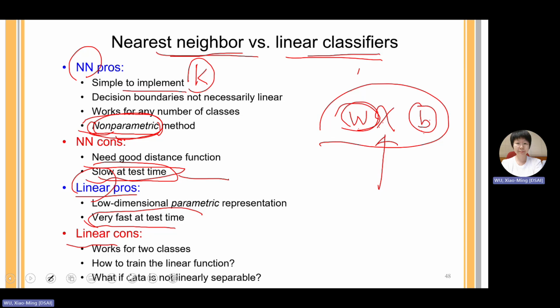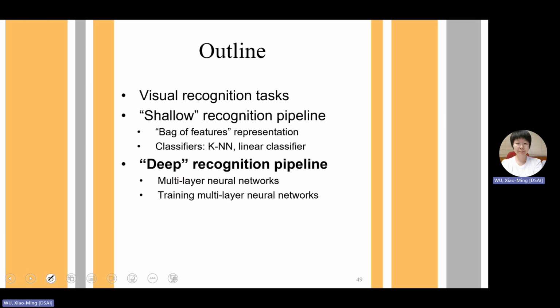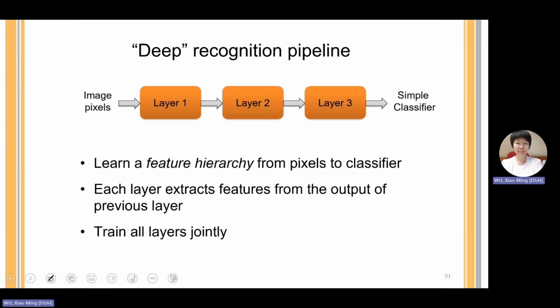But we have shown that there are fundamental limitations with linear classifiers. That's why we want to introduce more complex classifiers that involve the deep recognition pipeline.